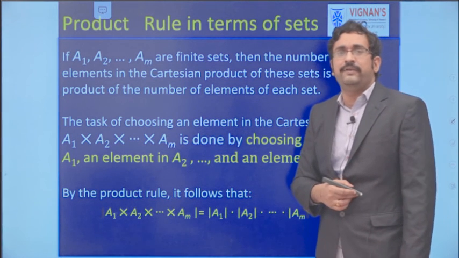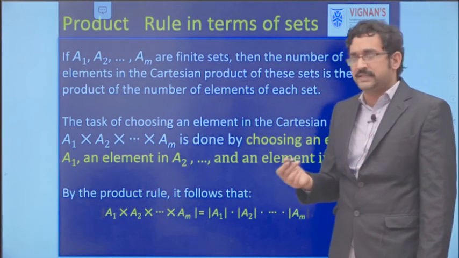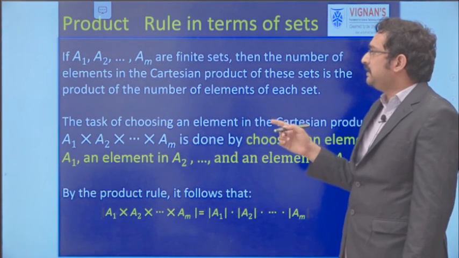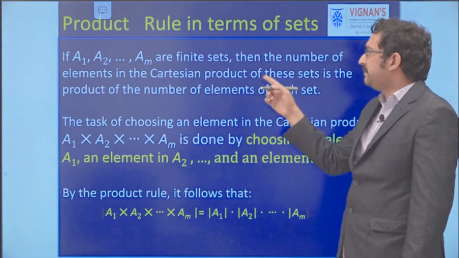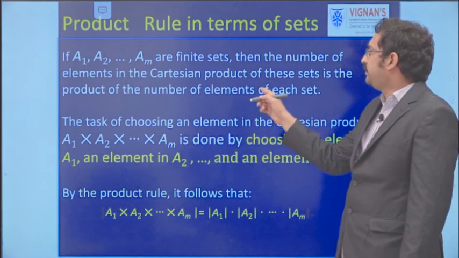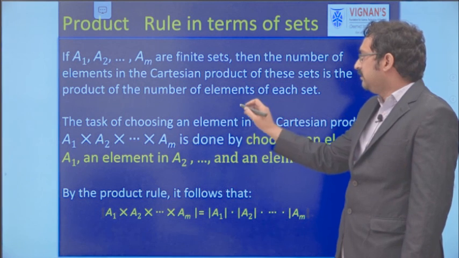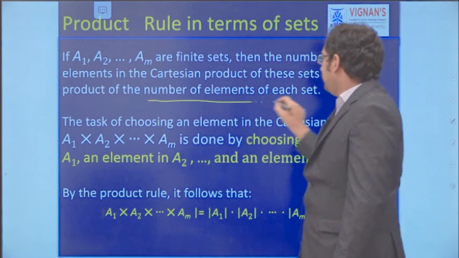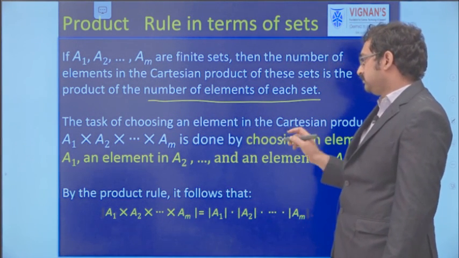Next, here we are defining the product rule in terms of sets. If A1, A2 and so on Am are finite sets, then the number of elements in the Cartesian product of these sets is the product of the number of elements of each set.